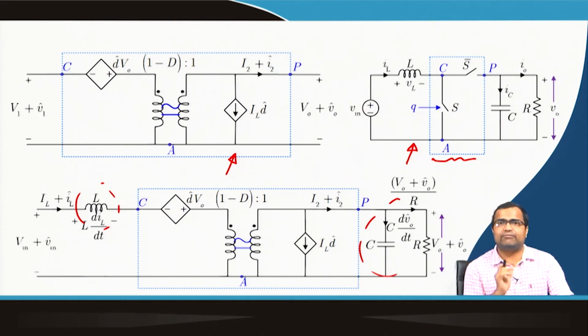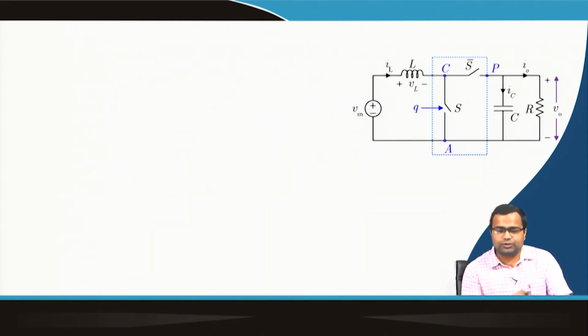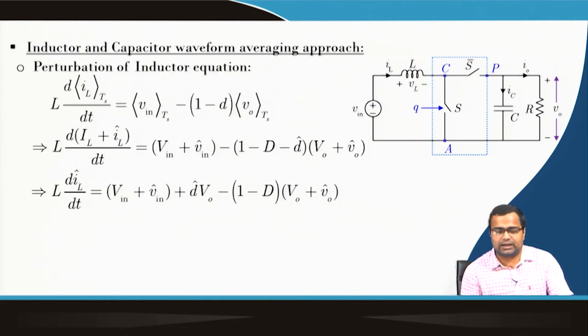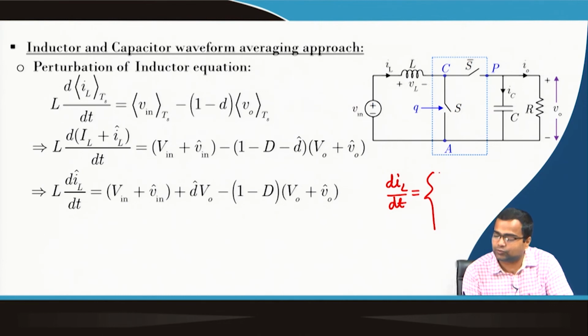Now, can we do the same thing without using the average switch model? How to do that? We take a boost converter and take the average inductor current. What is the inductor current of a boost converter? L dIL/dt, the instantaneous inductor current, is equal to Vin when S is on, and it is equal to Vin minus V0 when S is off.